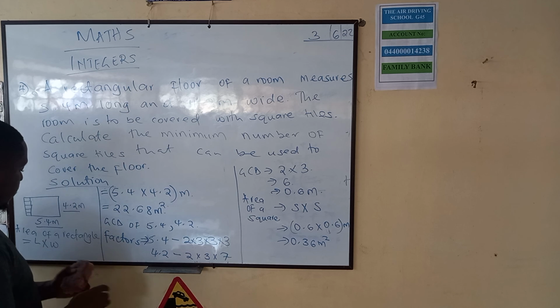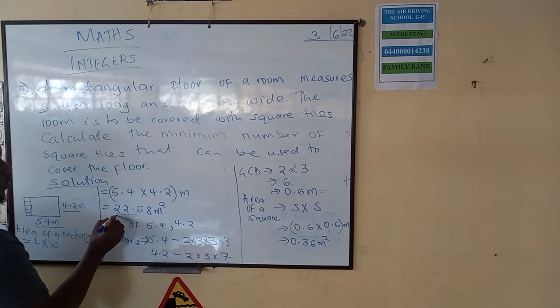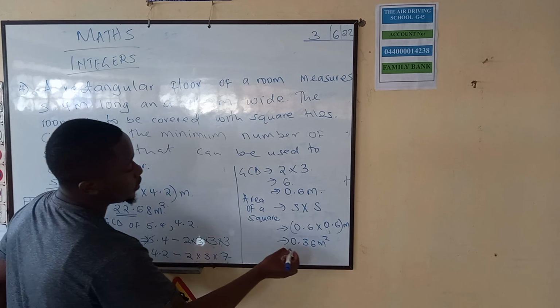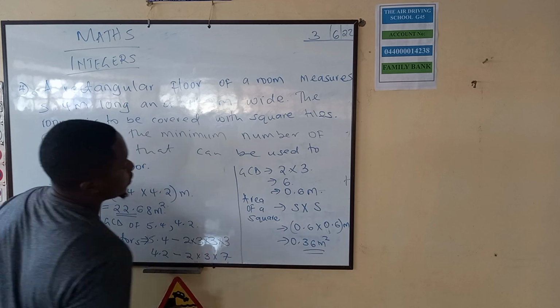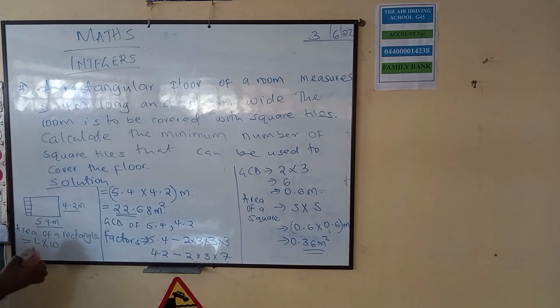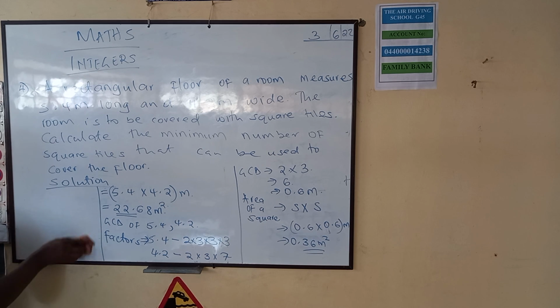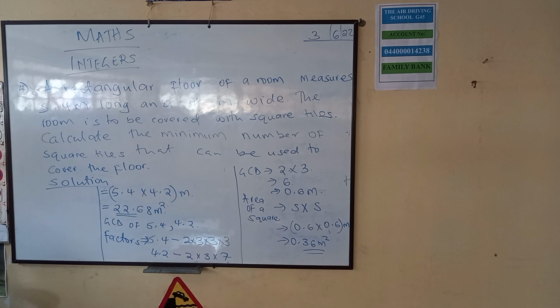Now we have found the area of the rectangle as 22.68. Please mark this: 22.68, and the area of the square is 0.36. Now what we need to do is find how many square tiles can cover the floor.